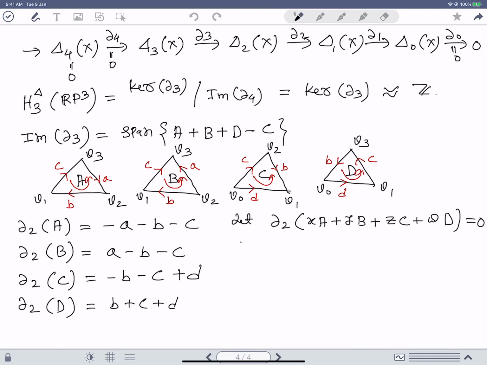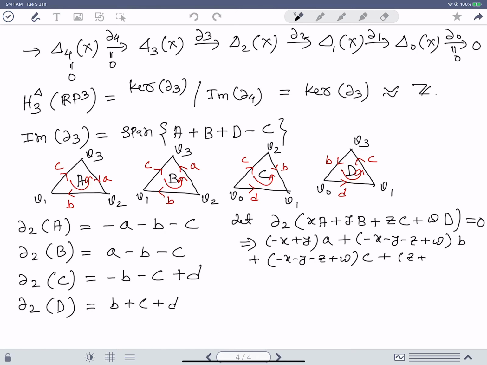That will imply minus x plus y into A, plus minus x minus y minus z plus w B, plus again minus x minus y minus z plus w C, plus z plus w D equal to 0.